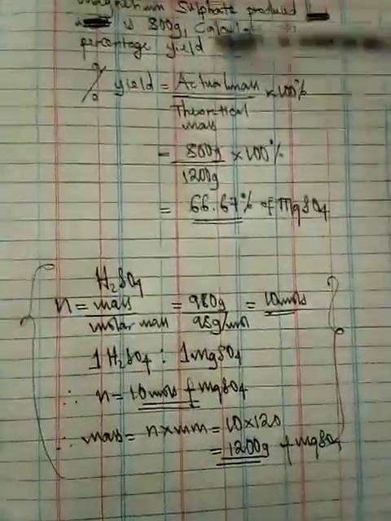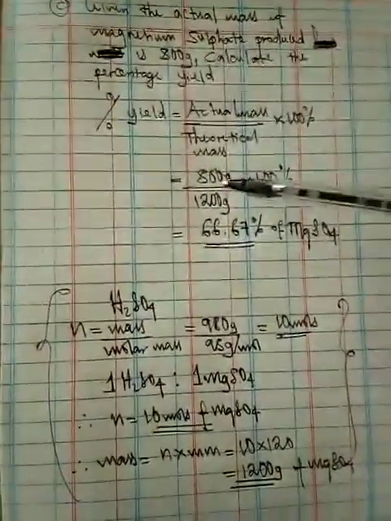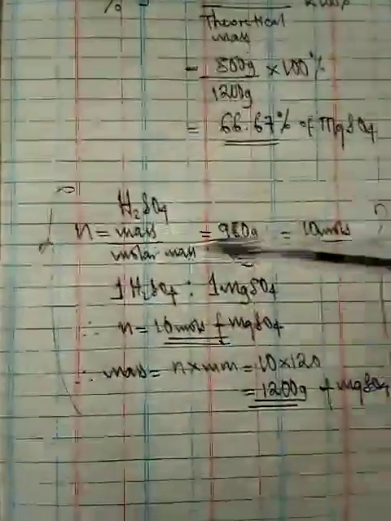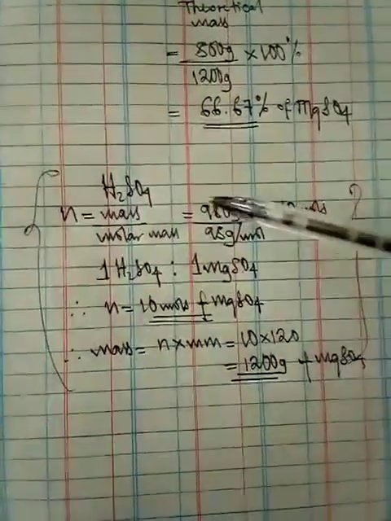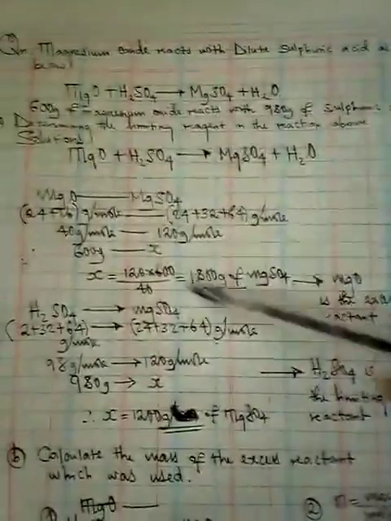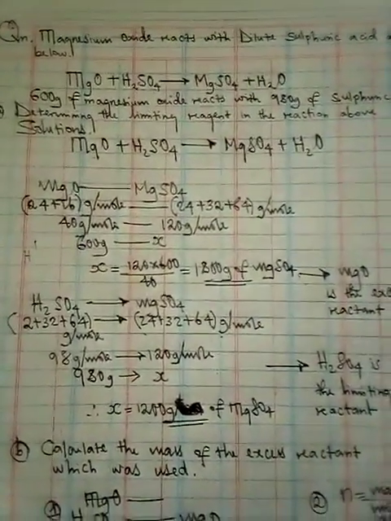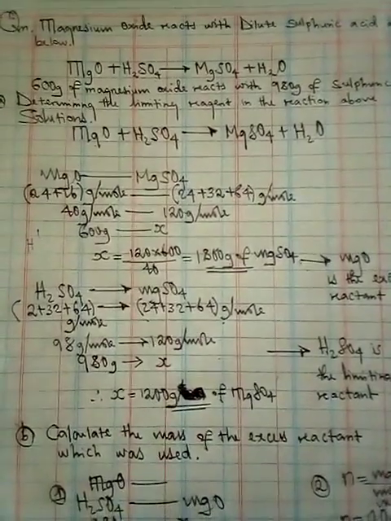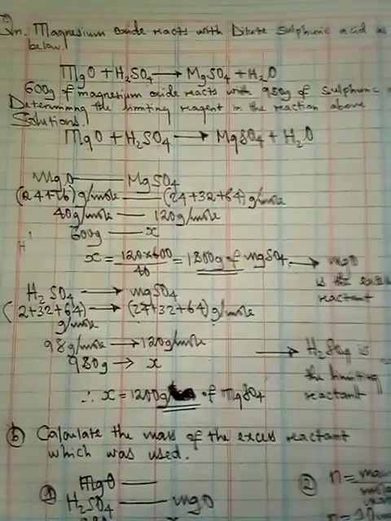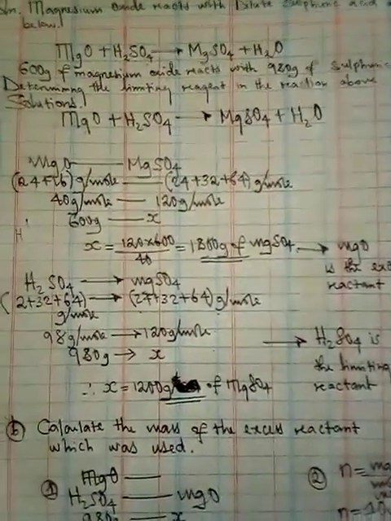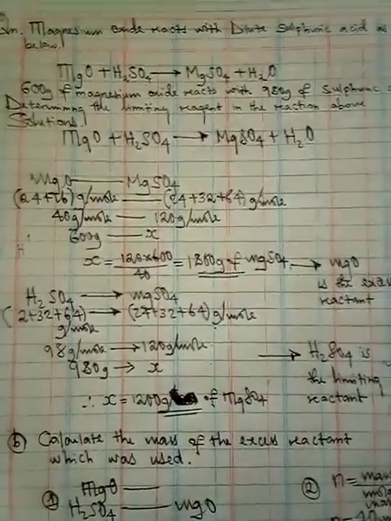So I'll just run it through one more time for the sake of understanding. Look, we have determined our limiting reactant. A question can be given to say, find the mass of the magnesium sulfate produced, or calculate the mass of the magnesium sulfate produced.